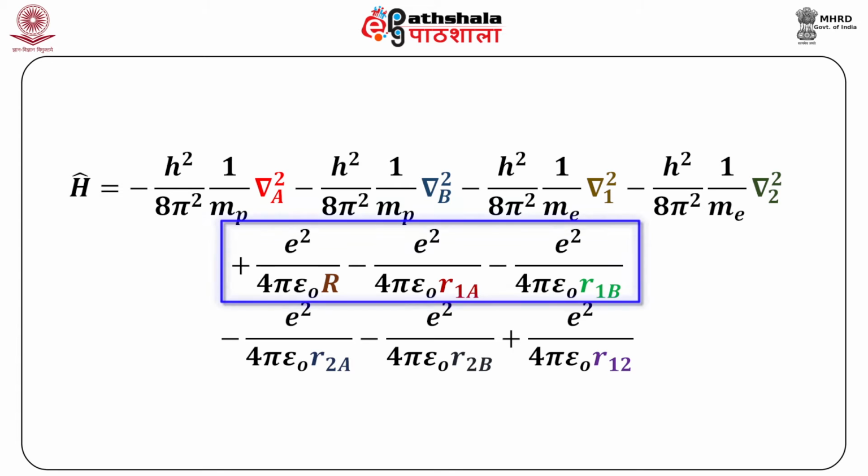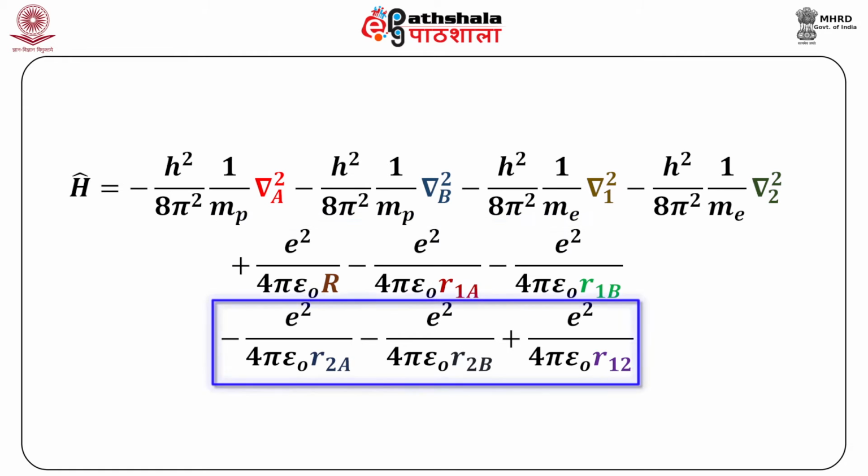And then we have another term, minus e square upon 4 pi epsilon 0 r1b, which represents the attraction between electron 1 and the nucleus B. Similarly, for electron 2 we have one attraction term, which is minus e square upon 4 pi epsilon 0 r2a, and another term for electron 2 would be minus e square upon 4 pi epsilon 0 r2b.